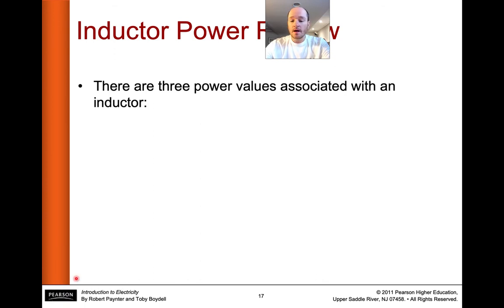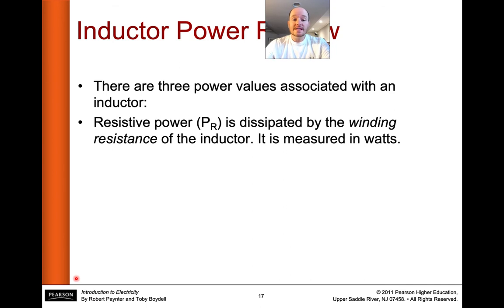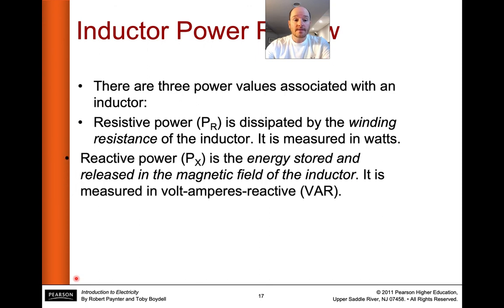We have the resistive power, sometimes PR, sometimes referred to as PT, which is confusing because then people think it's power total, but it's actually not. The power PR is what they're using in this PowerPoint. It can be the winding resistance, measured in watts, but really now it's going to be the power across the resistor in these circuits.